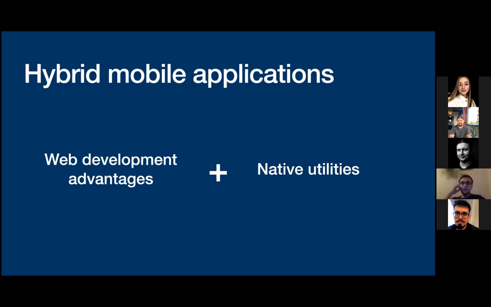So React Native is a combination of web development technologies like JavaScript language and React.js framework for JavaScript with native platform APIs. It allows not only to use native features like Touch ID and gyroscope, but also render real native UI elements of Android and iOS. So it's not just an imitation, it's not just a CSS representation of that. These are real UI elements rendered by the native platform.